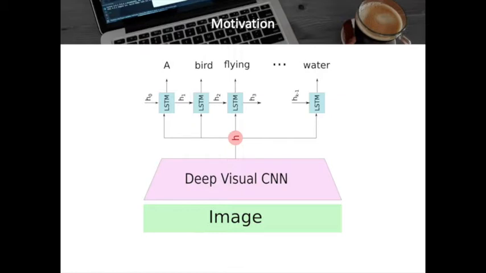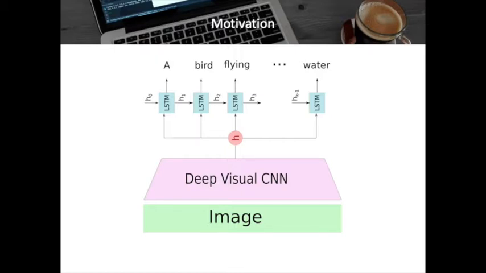This is actually the example given here. We get this hidden state, and in this case LSTM networks subsequently produce the output sequence.